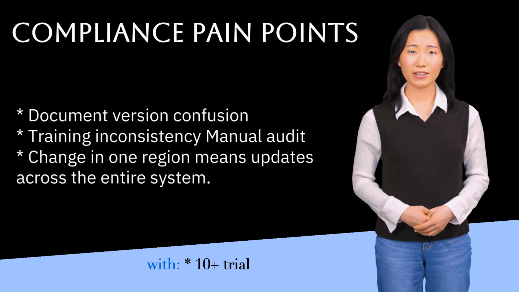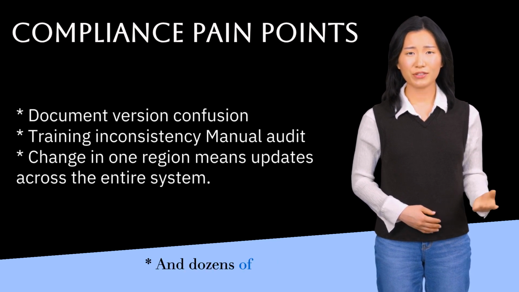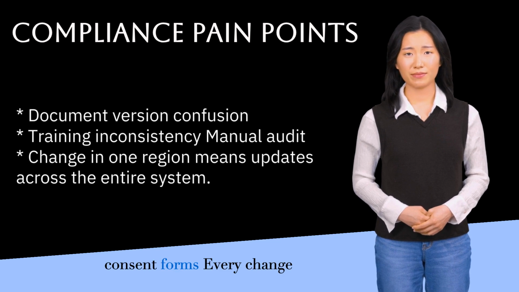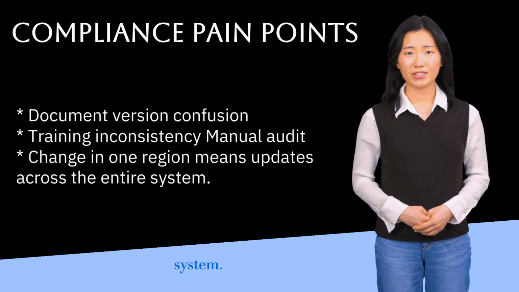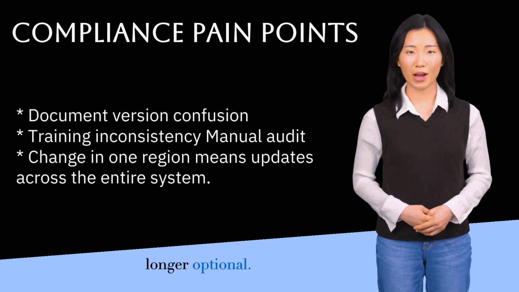You may be working with 10+ trial sites, 4 countries, 3 regulatory frameworks, and dozens of SOPs, logs, templates, and consent forms. Every change in one region means updates across the entire system. This is where teams fall behind, and it's why AI is no longer optional.